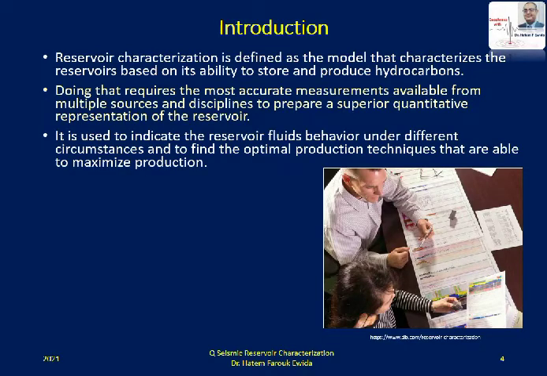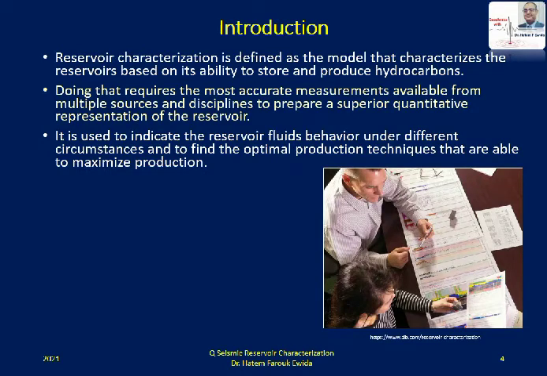Reservoir characterization is used to indicate the reservoir fluid behavior under different circumstances: at the very beginning of production, after depletion, after injection, and so on, to find the optimal production techniques that maximize production.